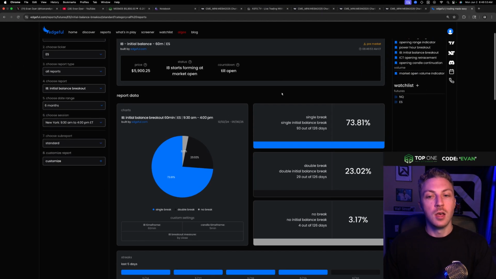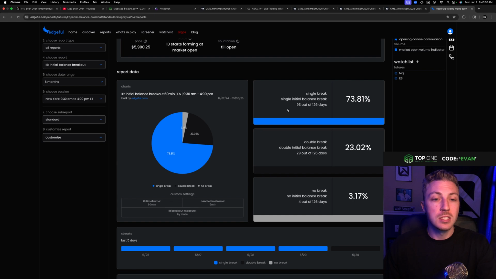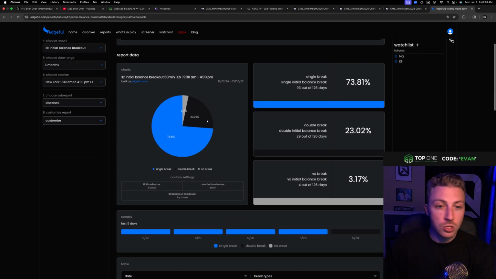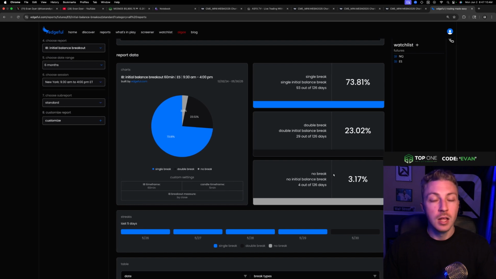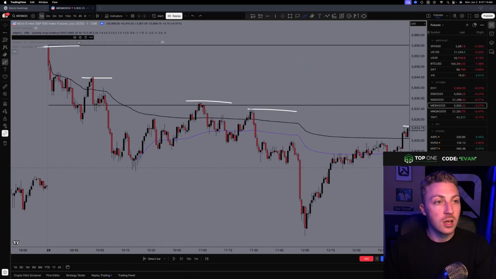Does that make sense? But one last thing here, like I was saying, on the double break versus the single break, this is the initial balance report on Edgeful. In the last 6 months, just no filters, only 4 out of 126 of those days have we never broken out of the initial balance. So 3% of the time does it just stay stuck in the initial balance range. So that's why, let's turn this on again.